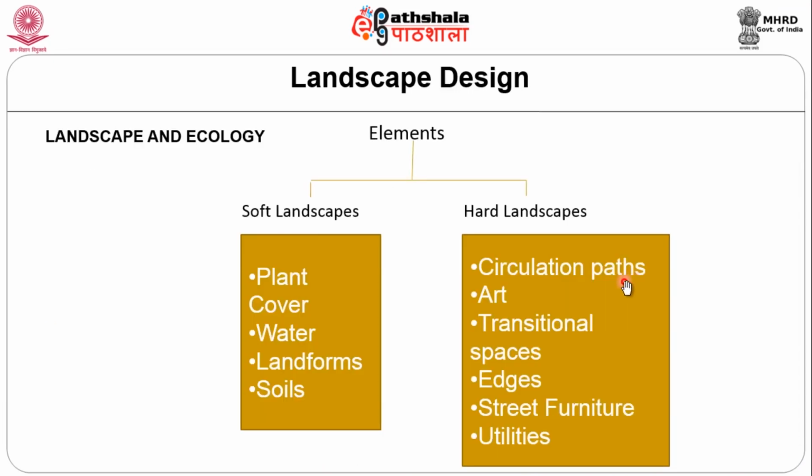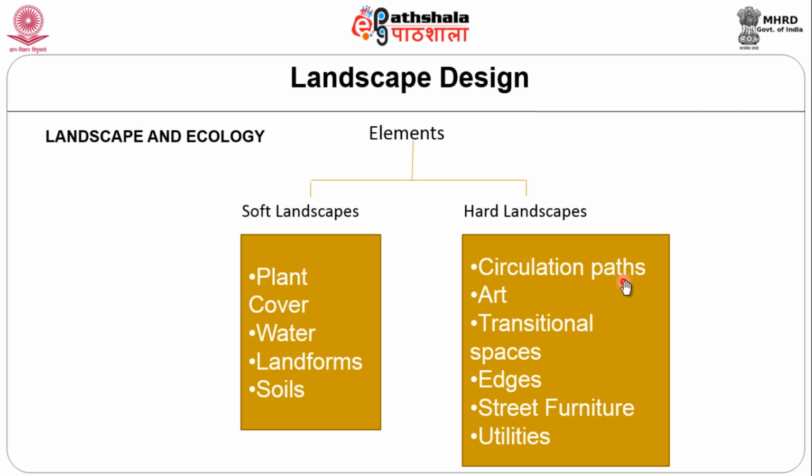Now, we are going to look into the elements of landscape design. They are divided into soft landscapes and hard landscapes. Any landscape design will be categorized under these two main categories. Under soft landscapes, we have plant materials, plant cover, water, landforms, that is the geographical conditions, and the soils.